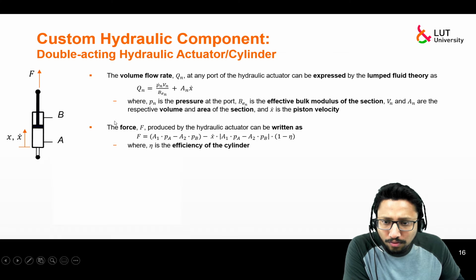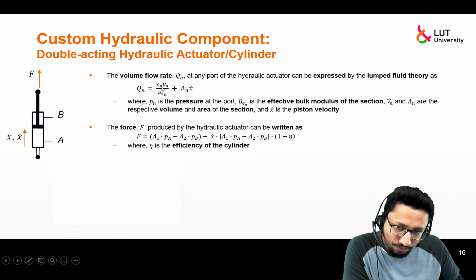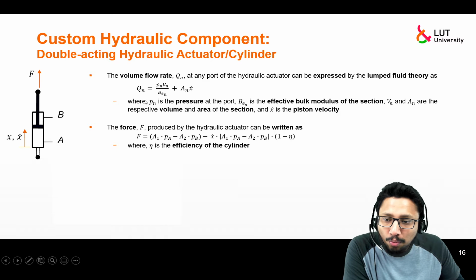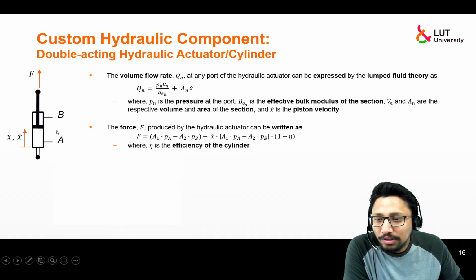So now once you have the pressures already, I mean you have solved it, then using these pressures you can estimate or compute the forces coming out of this hydraulic actuator.